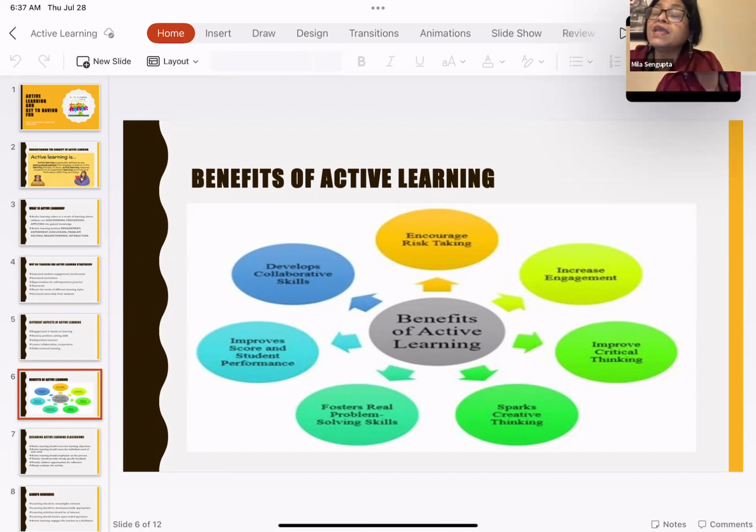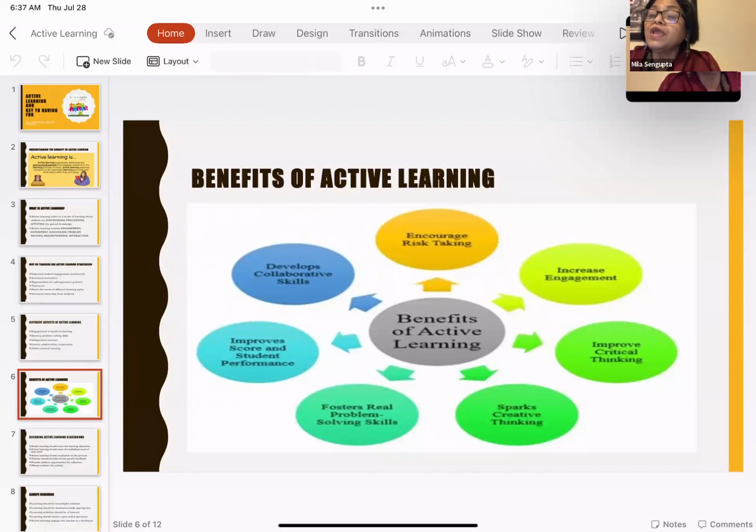It increases engagement, absolutely. It creates a form of learning where children are engaged. They are actively participating. It improves critical thinking skills. Yes, absolutely true, because it helps children develop their thinking and multiple ways of solving a problem.